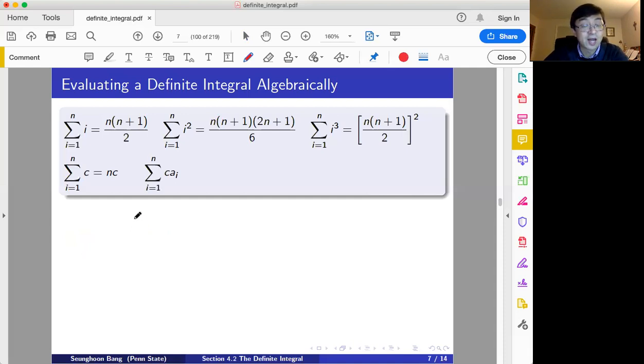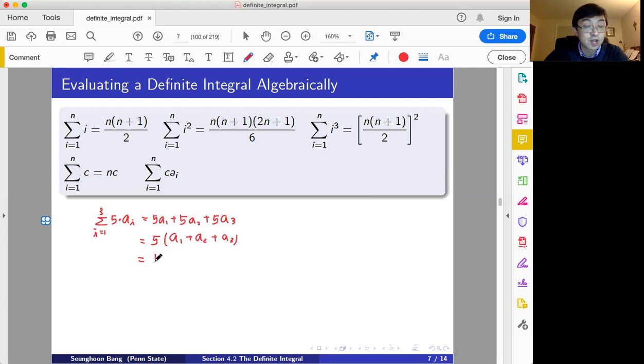What's the summation from i equals 1 to n of c times a i? Here I can show the rule with the summation from i equals 1 to 3 of 5 times a i. What does it mean? Plug 1: 5 times a1. Plug 2: 5 times a2. Plus plug 3: 5 times a3. So 5 is a common factor: 5 times a1 plus a2 plus a3.